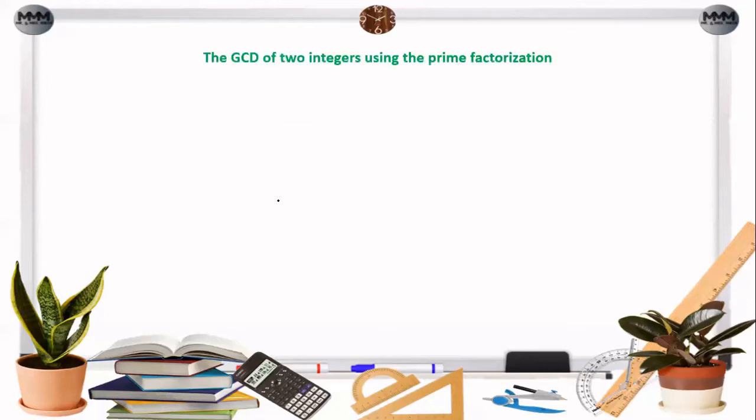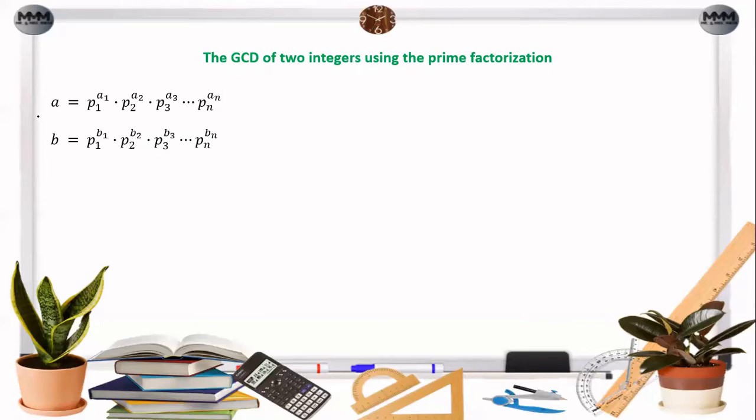Now let's proceed to finding or determining the GCD of 2 integers using the prime factorization. So we will consider here 2 integers, a and b, where a is written as the product of primes.